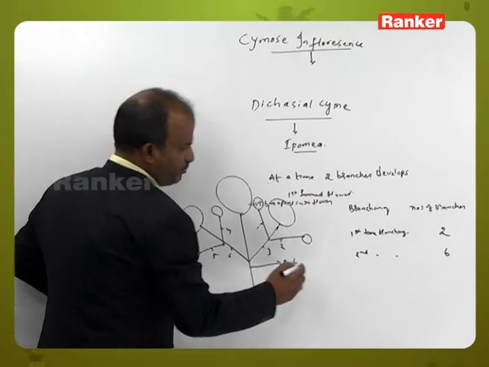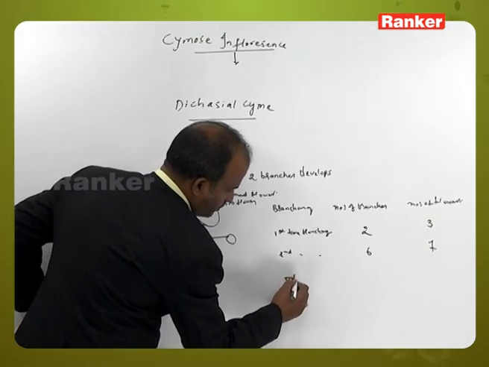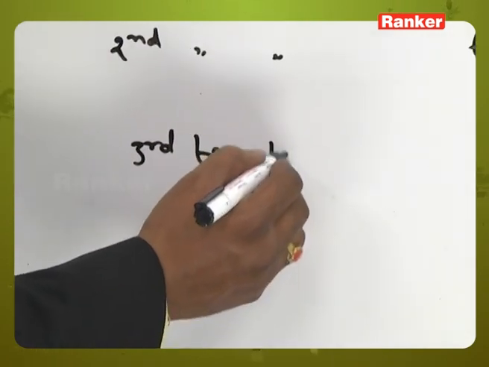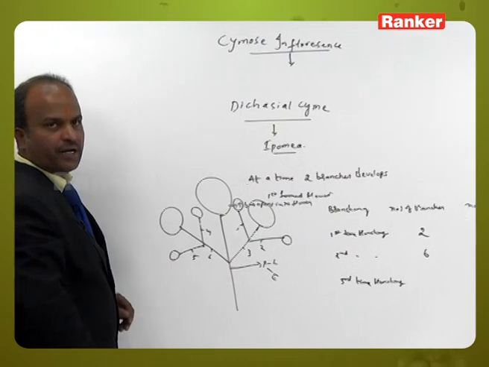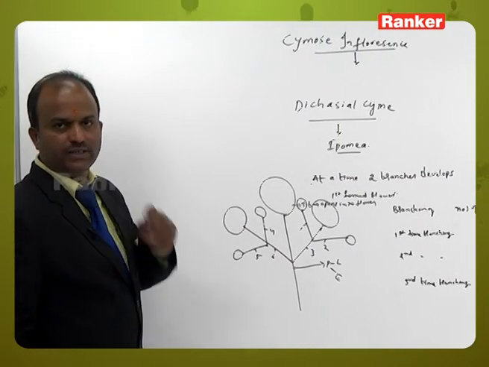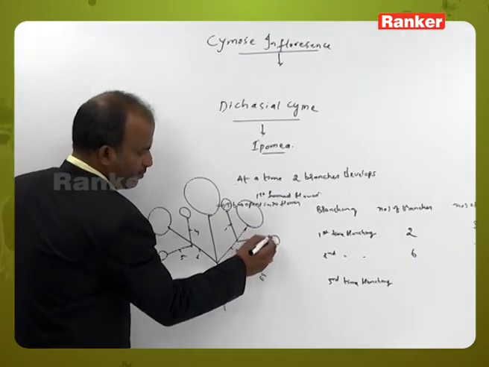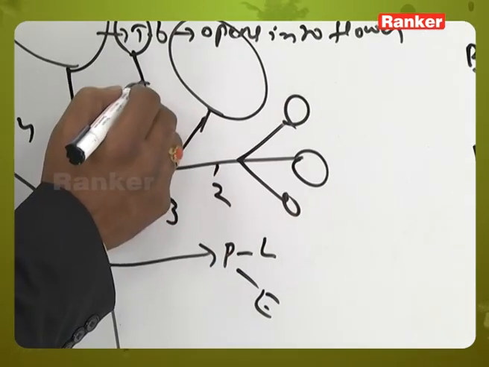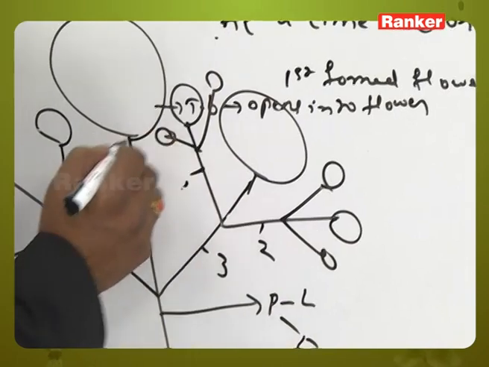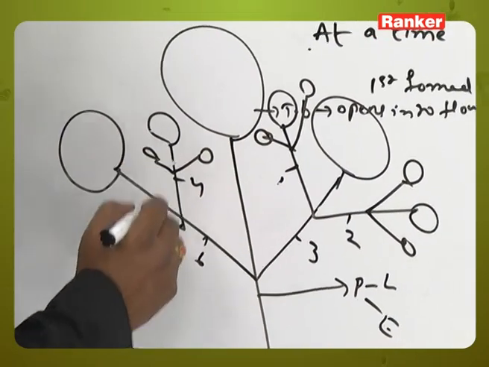Now third time branching. What happens during third time branching? From the base of the branch, again two branches develop at a time.